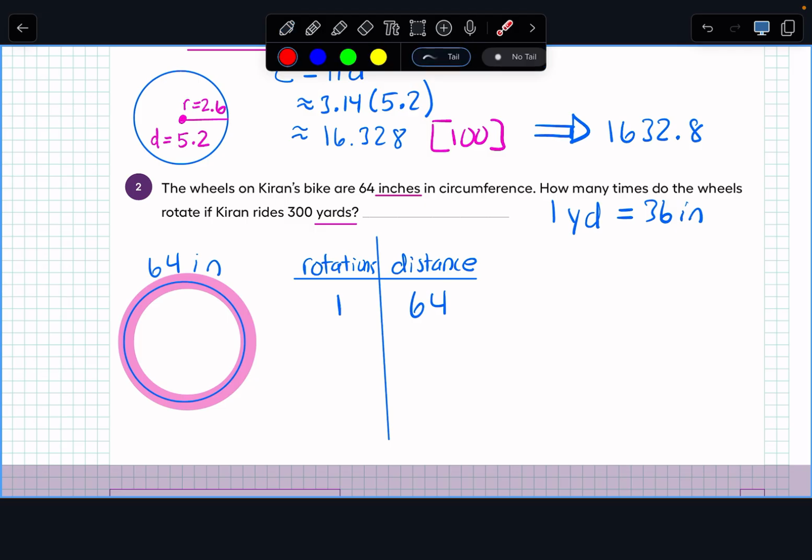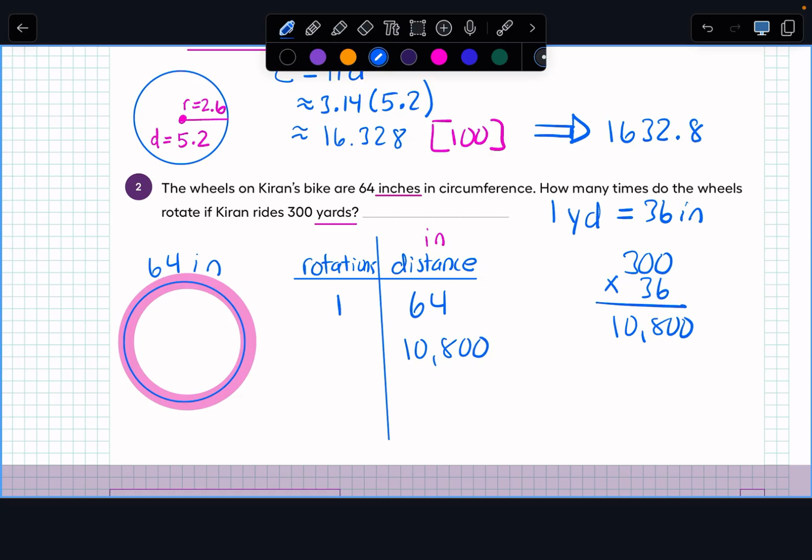Now the question says, how many times do the wheels rotate if he rides 300 yards? Our distance is in inches right now, so since it's 300 yards, and there's 36 inches in a yard, let's do 300 times 36. 300 times 36 is 10,800 inches. I'm going to put this 10,800 inches over here.